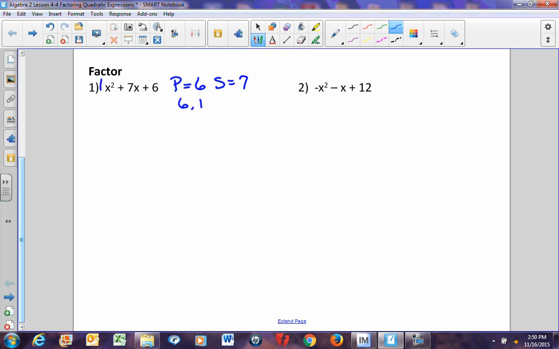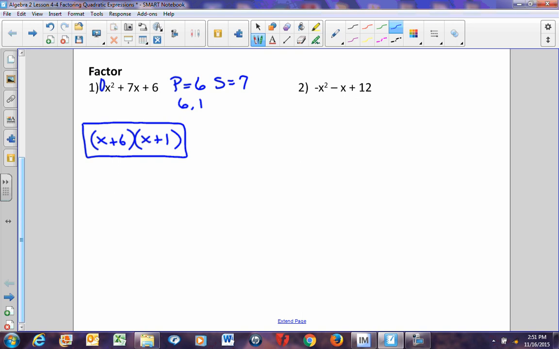Since the number in front of the x squared is a 1, we really don't have to worry about that leading coefficient, so we just basically need two parentheses, an x here and an x here. Since both of these are positive, it could be plus 6 plus 1, or plus 1 plus 6. Order doesn't matter, sign in front of number does. So there we found the two numbers that multiply together to get 6 and add together to get 7.